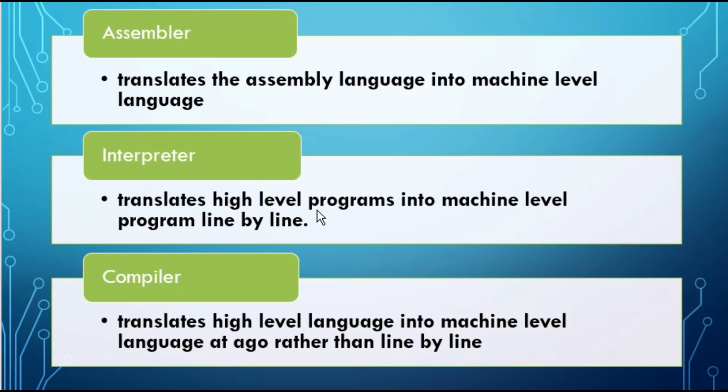Compiler translates high-level language into machine-level language, but it does it at a go rather than line by line as done by the interpreter. So note the difference between an interpreter and a compiler. It is very clear. We'll learn more about this in the coming videos, more so in the programming sessions.